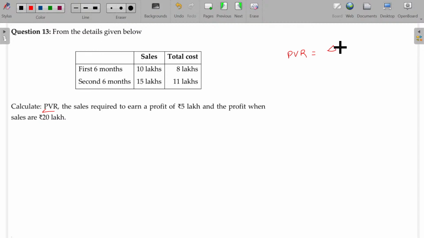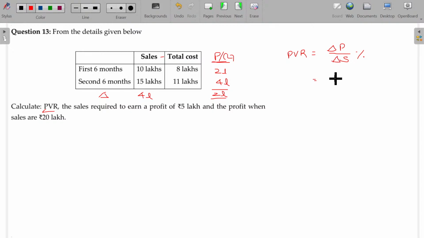Difference in profit divided by difference in sales into 100. I need the profit, so from the sales, total cost is subtracted to get the profit or loss. For the first 6 months, it is 2 lakhs. For the second 6 months, it is 4 lakhs. So the difference is 4 lakhs for the sales and 2 lakhs for the profit.